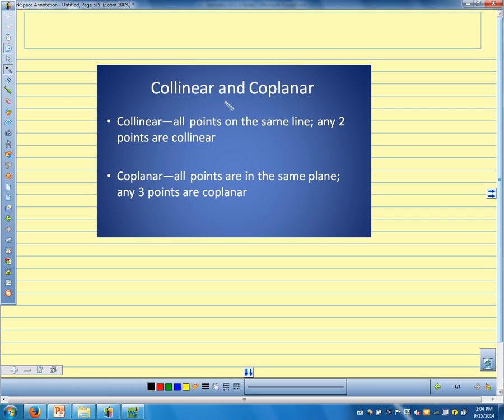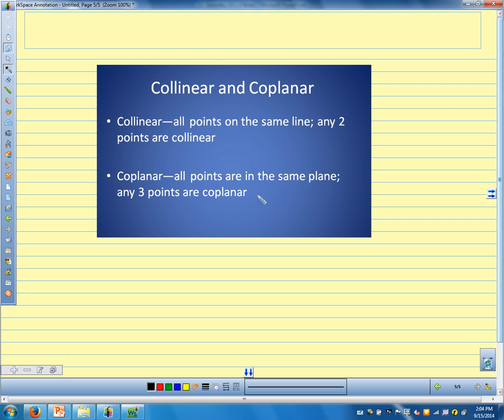The technical definition of collinear: all points on the same line. Collinear would go in an empty box and coplanar would go in an empty box. Collinear is one term, coplanar is another term. Coplanar is all points on the same plane.